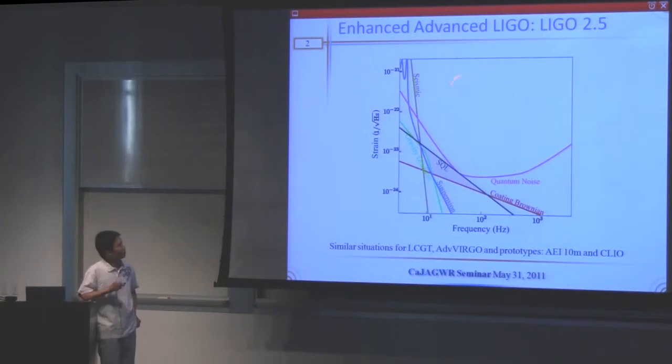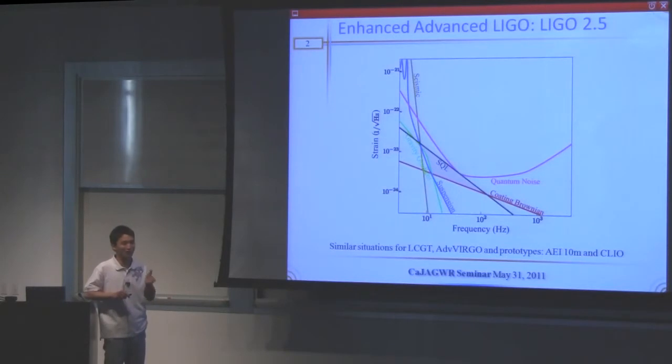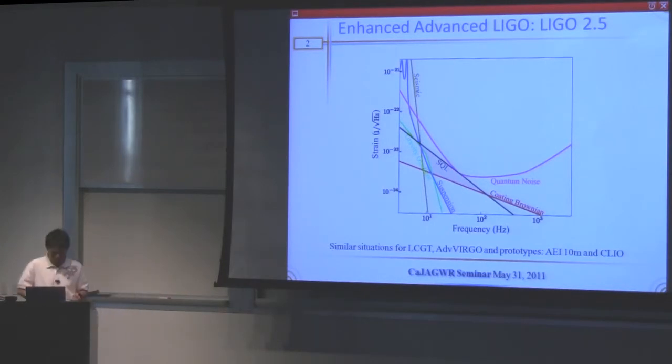Because LIGO 2.5 assumes a larger, heavier test mass, that's why the standard quantum limit becomes lower. But for advanced LIGO, the standard quantum limit is higher, so you still have quantum noise limited sensitivity if you have a little bit smaller coating thermal noise. This is very important.